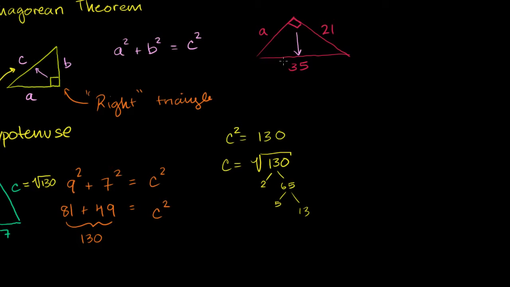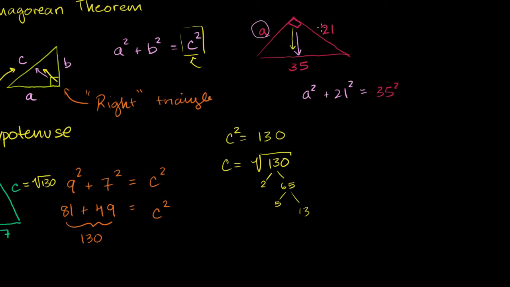So what the Pythagorean theorem tells us is that a squared plus the other non-hypotenuse side squared, so a squared plus 21 squared, is going to be equal to 35 squared. You always have to remember the c squared right here. The c that we're talking about is always going to be the longest side of your right triangle, the side that is opposite of our right angle.